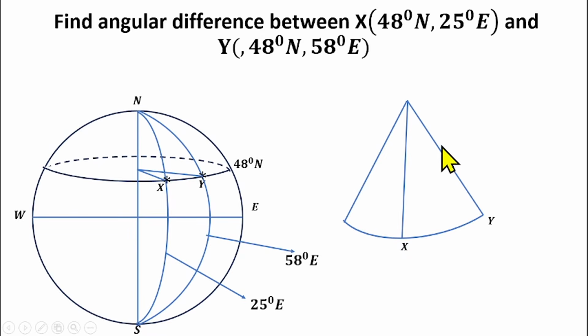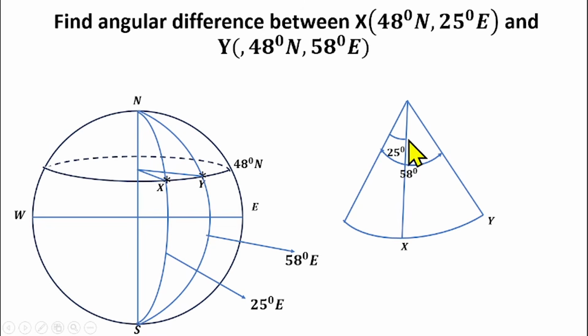Before we get that, from the origin to point X, the angle there is the longitude, which is 25 degrees. And from the origin to point Y, the angle there is the longitude also, which is 58 degrees.